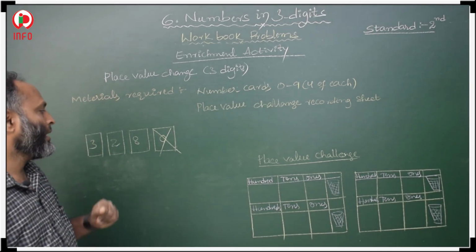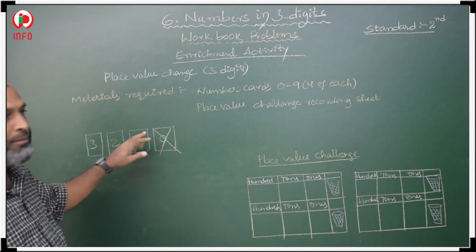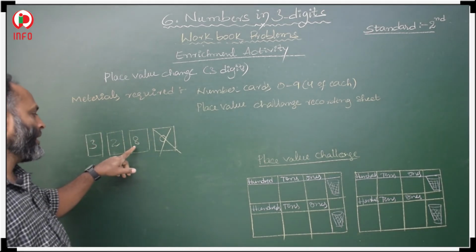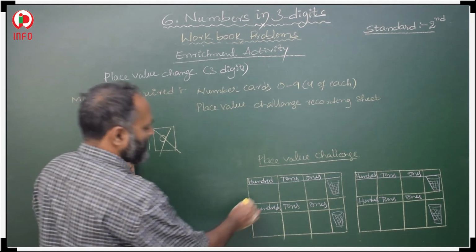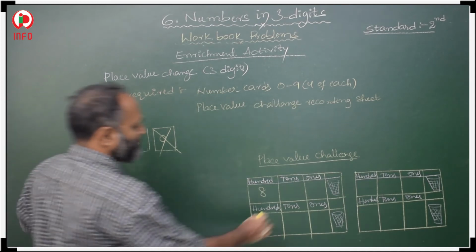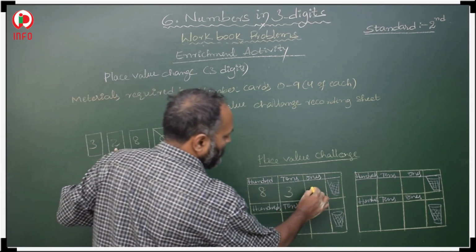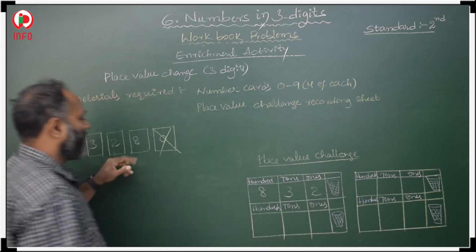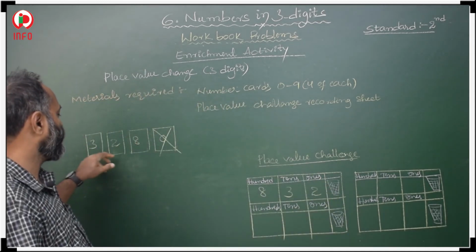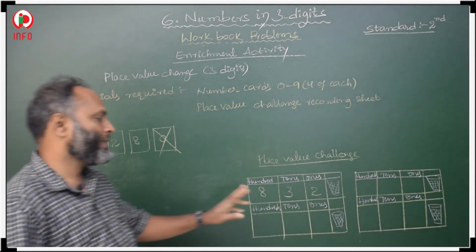How to prepare the largest 3-digit number? See here. Among the 3 numbers, first we have to take this 8, the largest number, and smaller than this, that is 3, we keep after that, and after that 2. 8 first, 3 after that and 2 after that. 8, 3, 2.